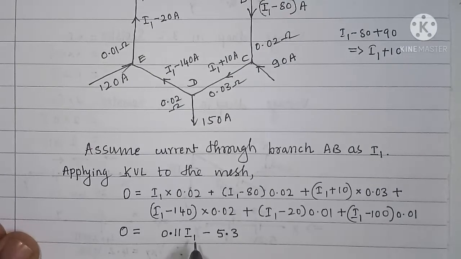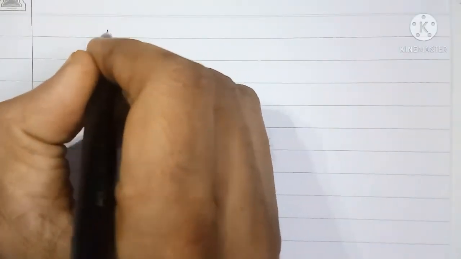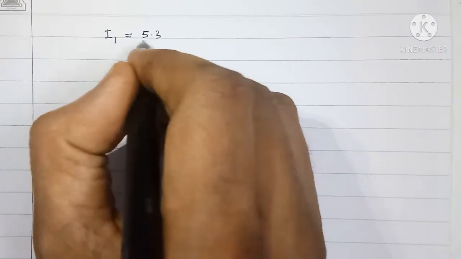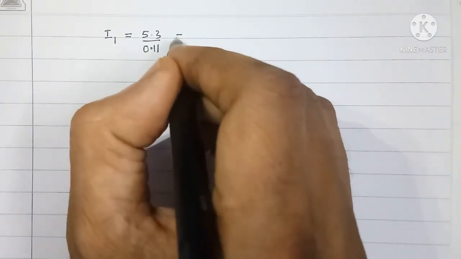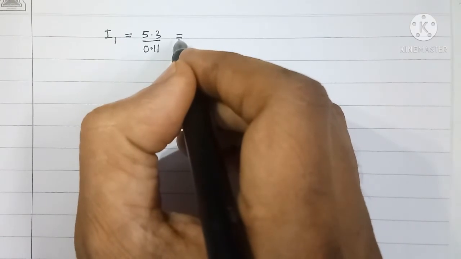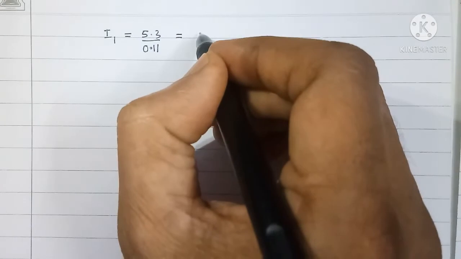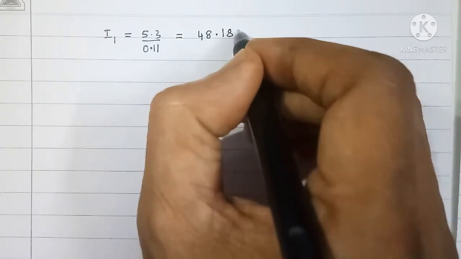Now we can get the value of I1. I1 is equal to 5.3 by 0.11, that is equal to 48.18 ampere.